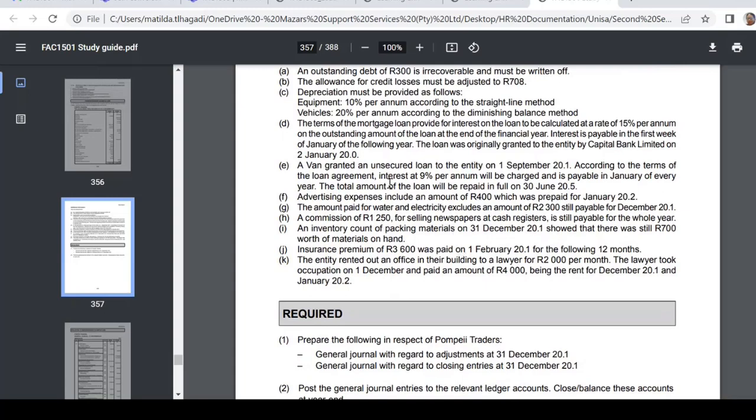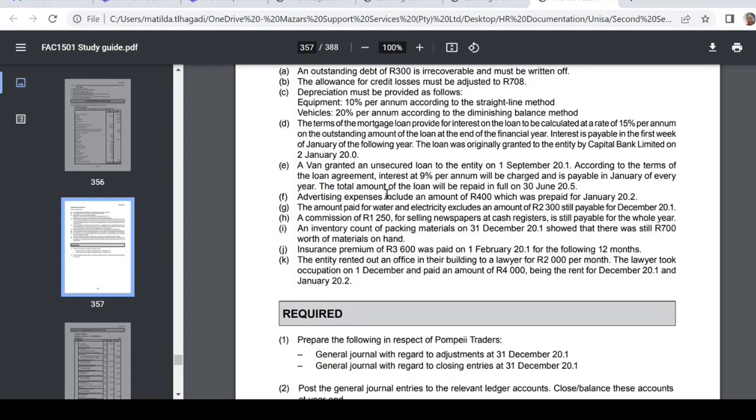Okay, let's see. The next one: a van granted an unsecured loan to the entity on the 1st of September. According to the terms of the loan agreement, interest at 9% per annum will be charged and is payable in January of every year.